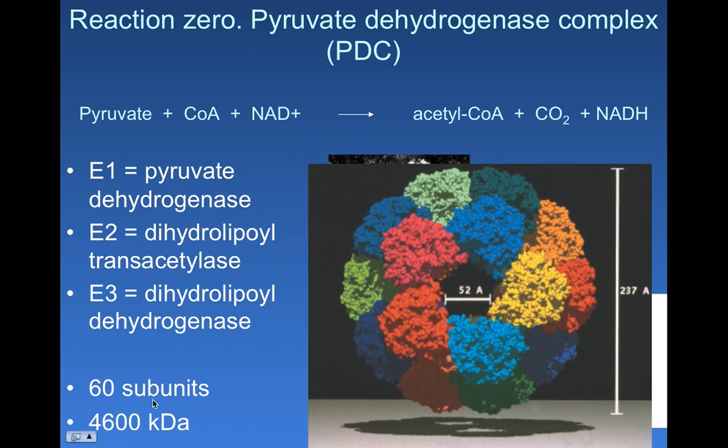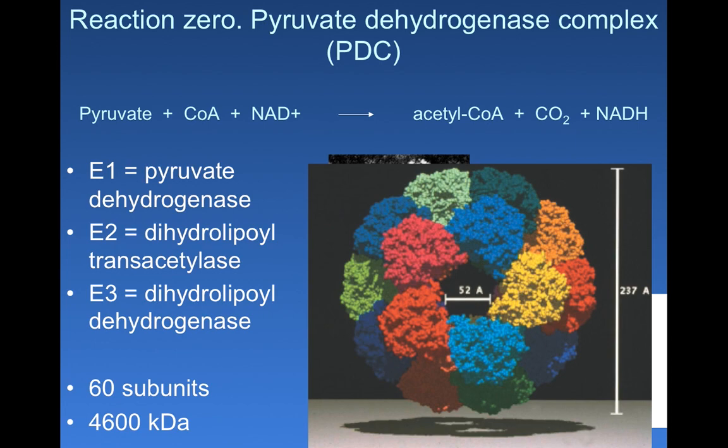Now, the other impressive characteristic is that the molecular weight of it is 4,600 kilodaltons. That's 4,600,000 grams per mole. And so there must have been a real evolutionary drive to build and assemble these enzymes together into this huge machine that can accept reagents and pass products on to the next player in this factory.